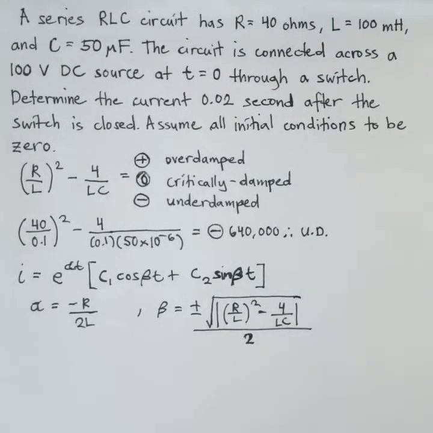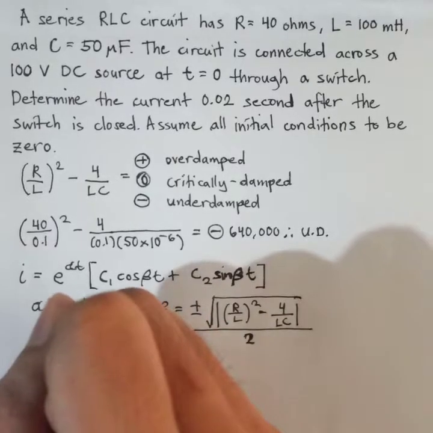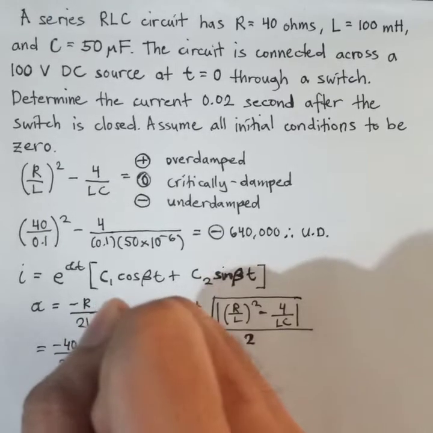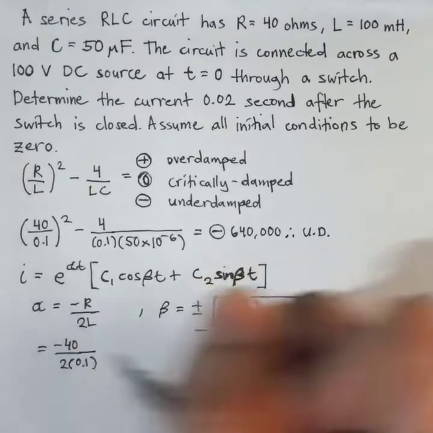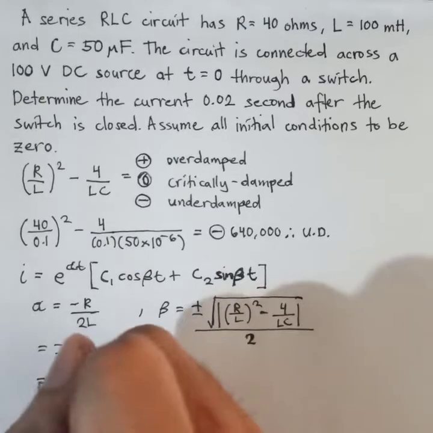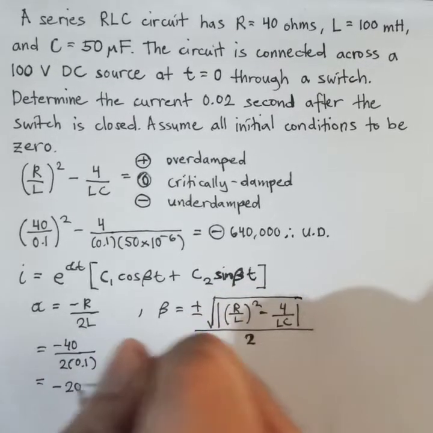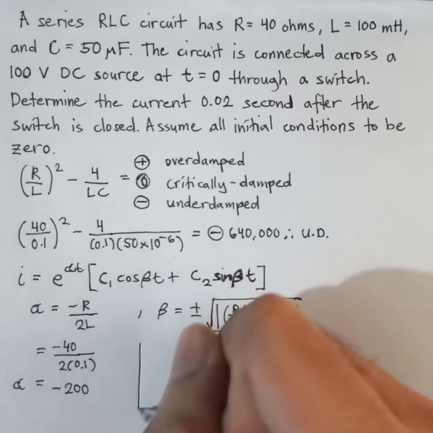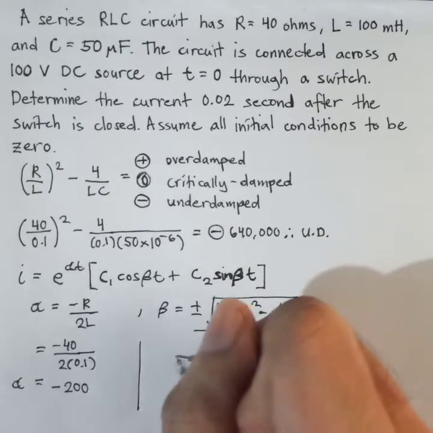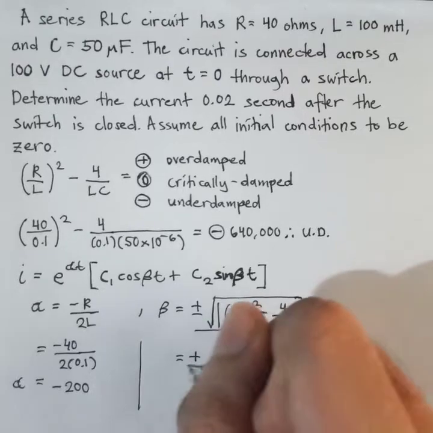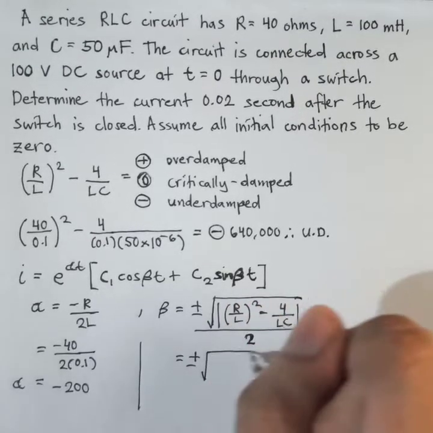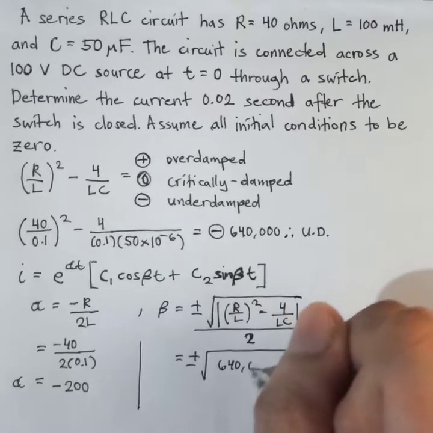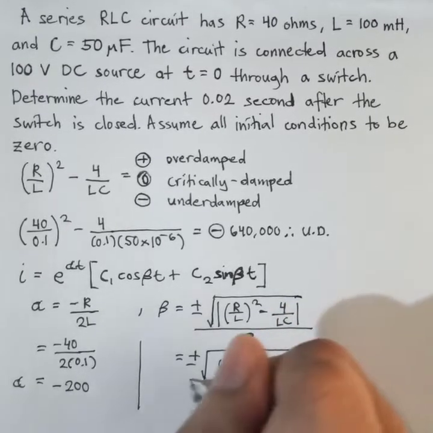For this particular problem, alpha is equal to negative 40 over 2 times 0.1, that is equal to negative 200. And the imaginary part is equal to positive or negative square root of 640,000 over 2.